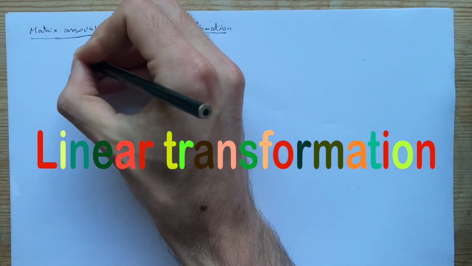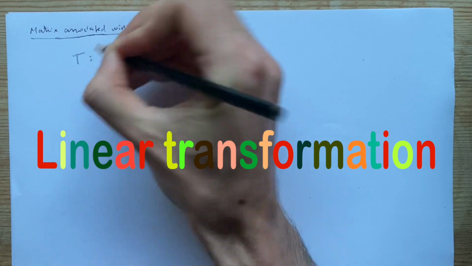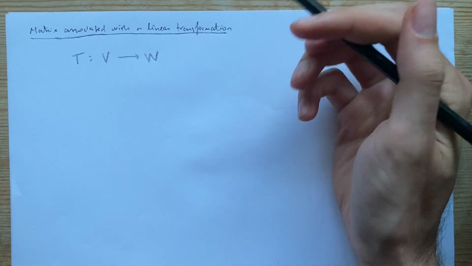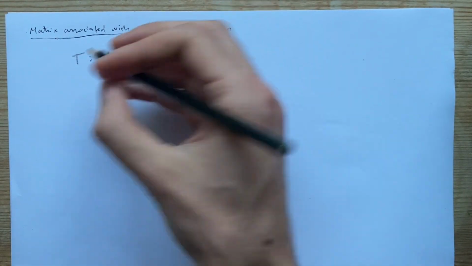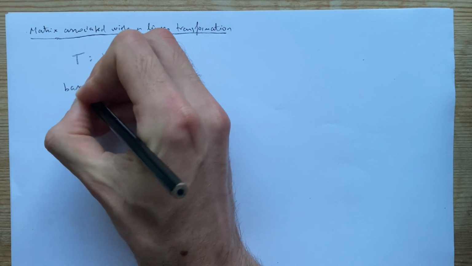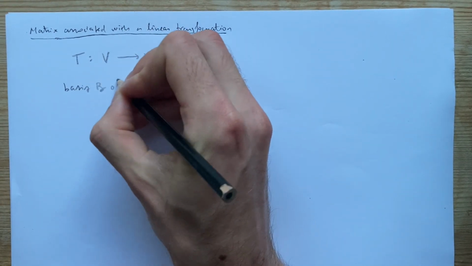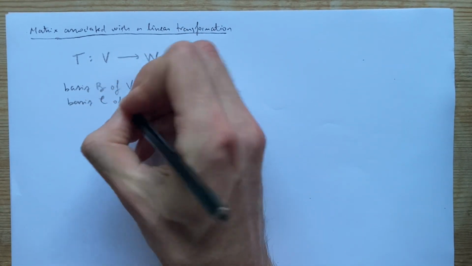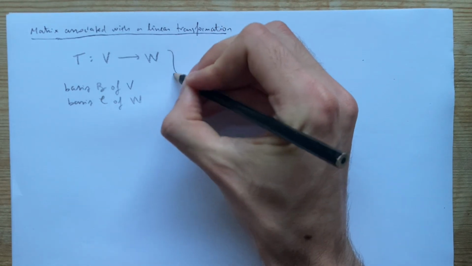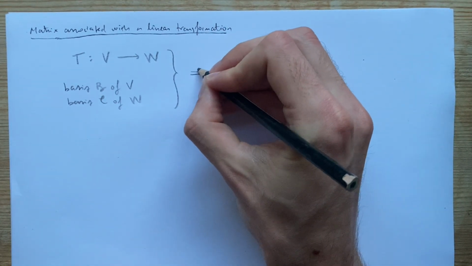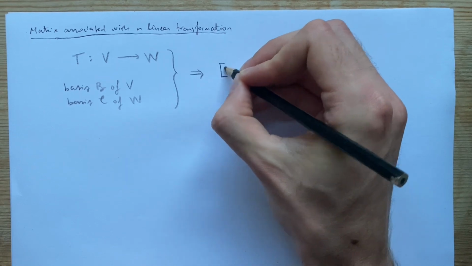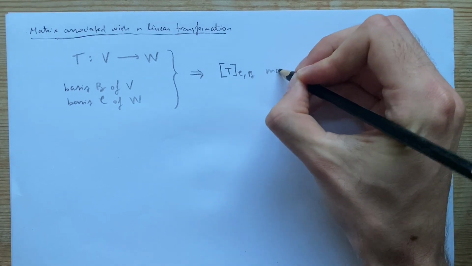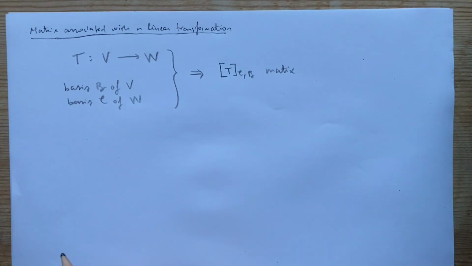So if we start from a linear transformation T between two finite dimensional vector spaces V and W, and moreover, we are given a basis B of V and a basis C of W, then we can define the matrix T_CB associated with this linear transformation.